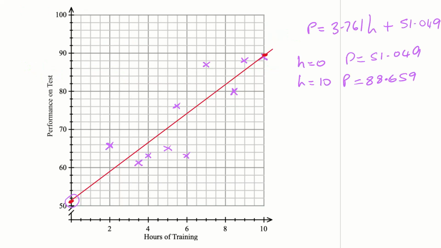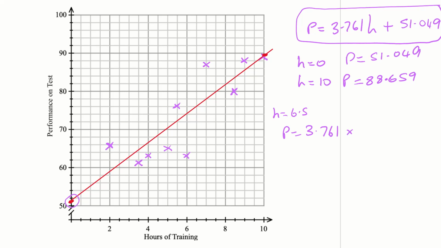So here's the work we did on that previous example, and this is the equation of our line of best fit. So for the student who studied 6.5 hours, we would predict 3.761 times 6.5 plus 51.049, and that comes out at 75.4955.